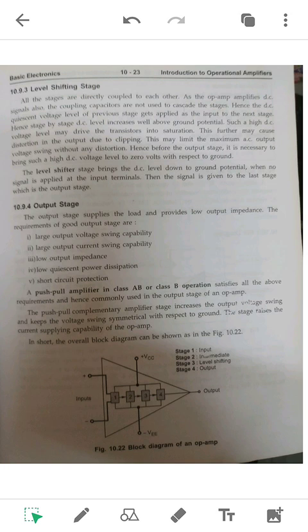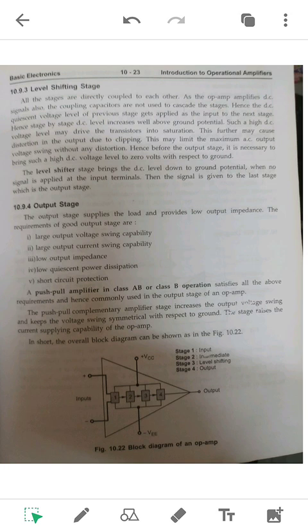The final block of the operational amplifier's block diagram is the output stage. The output stage supplies the load and provides low output impedance. The requirements of a good output stage are highlighted in five points. First, large output voltage swing capability.